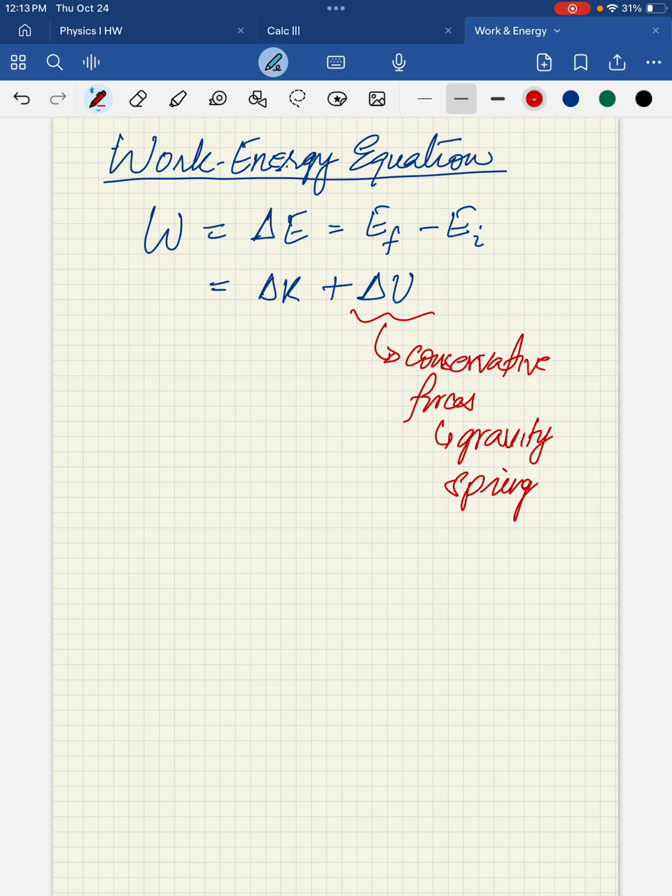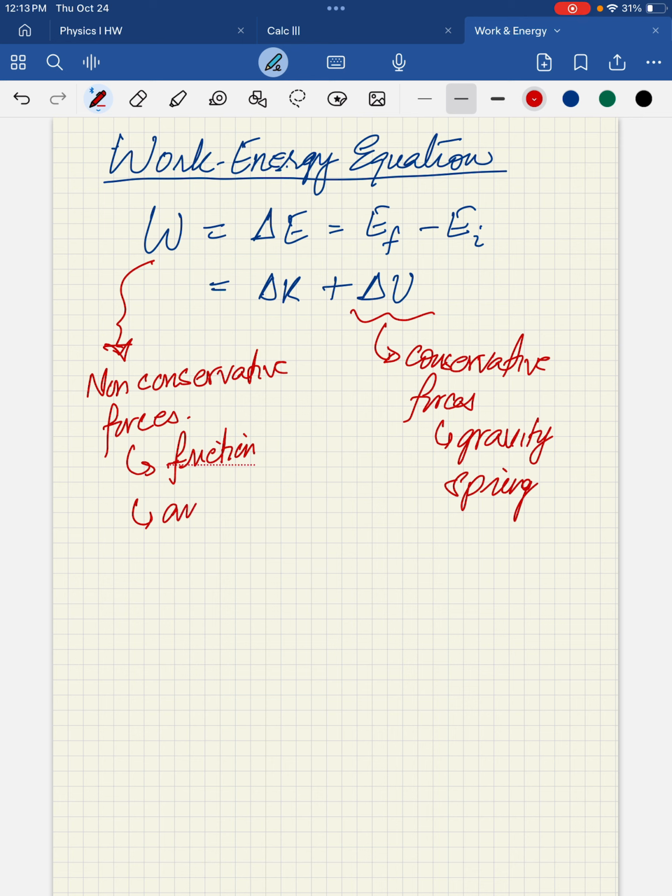And when we are looking at W, the work done on the system or on the object, we only consider the non-conservative forces, which could include friction or any external force. So this is how we set up the equation.